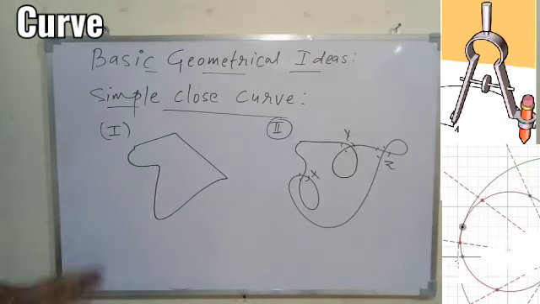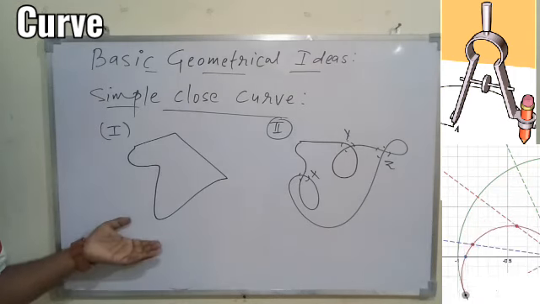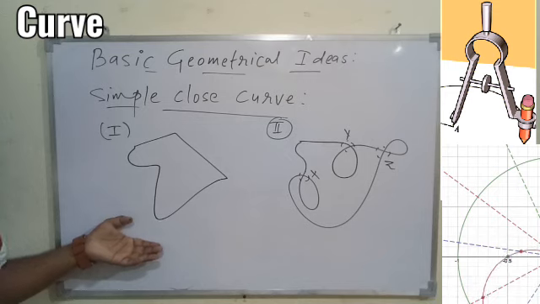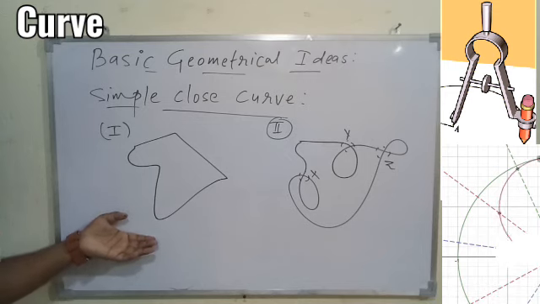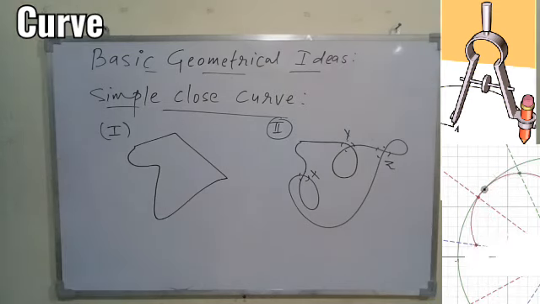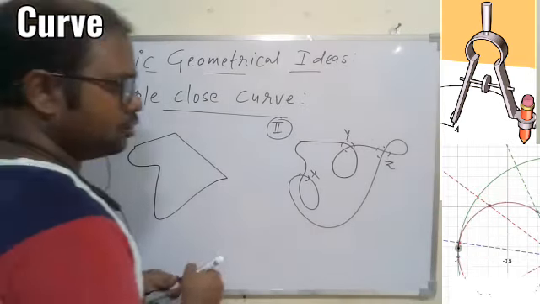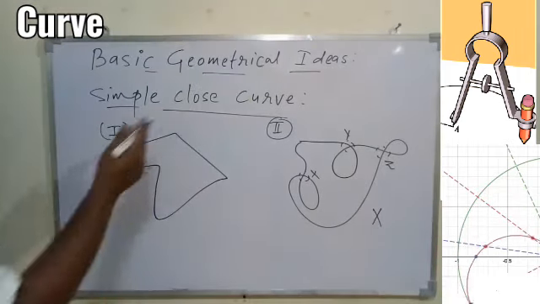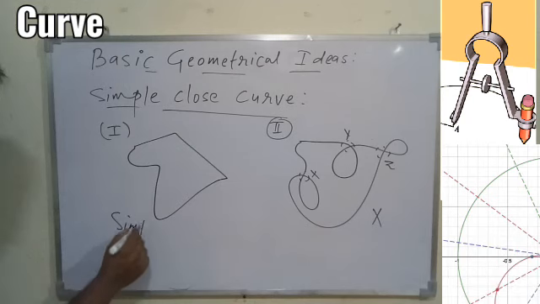Basically we are talking about a curve having a line which is not crossing itself anywhere. That is the simple concept we have. So this is not a simple closed curve, this is your simple closed curve.